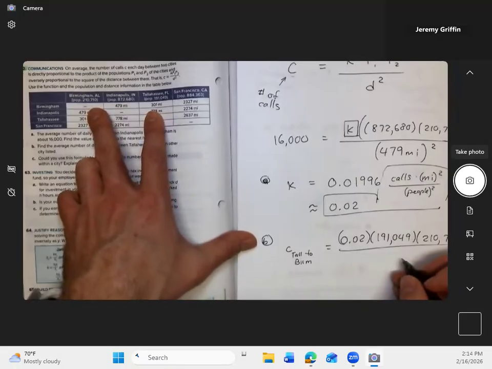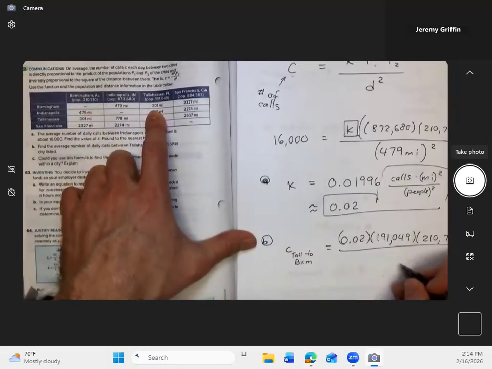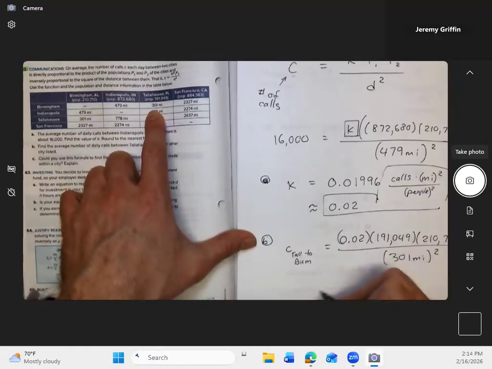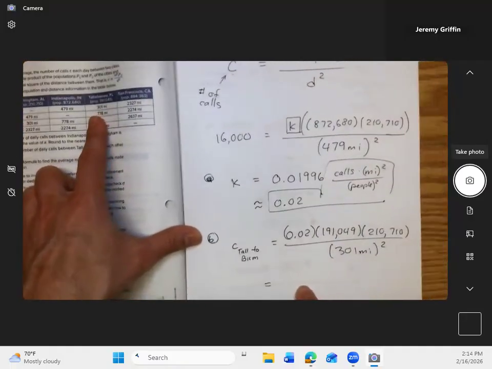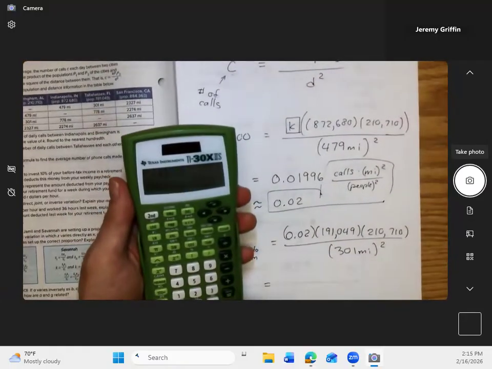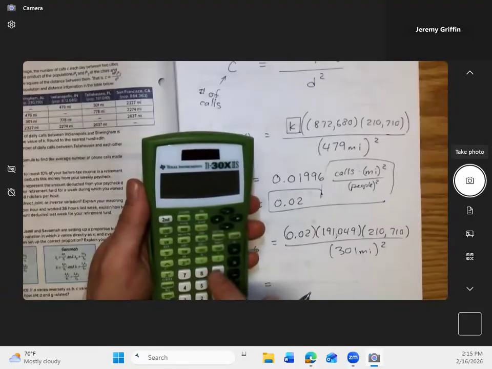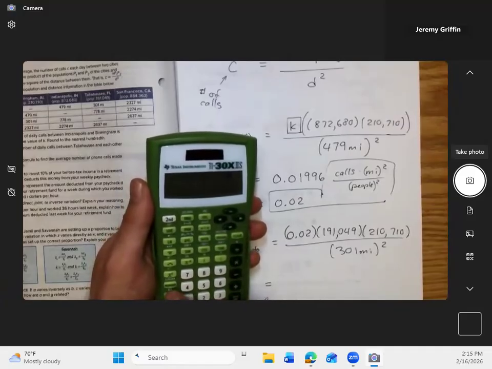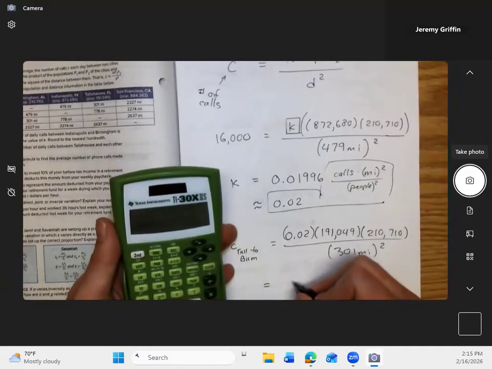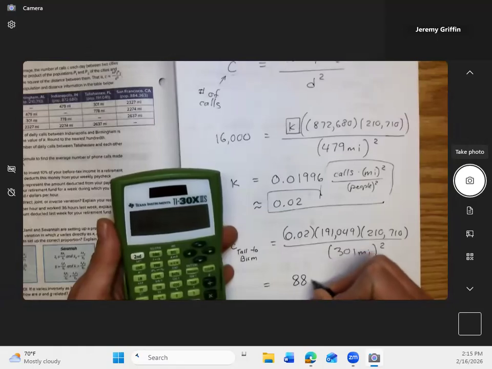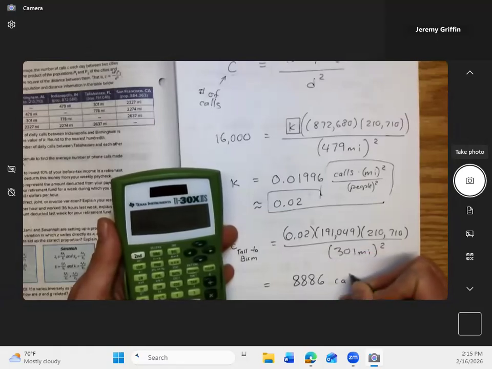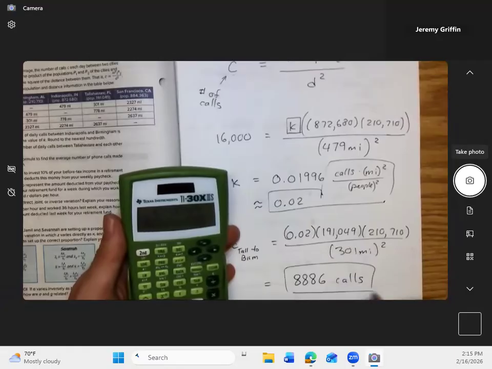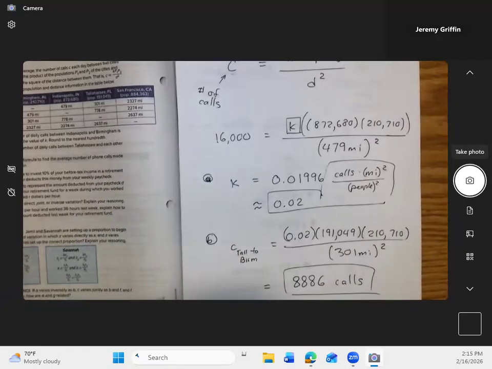And we'll divide by the distance between those two cities, which is 301 miles. And don't forget to, of course, square that distance. Right? So the number of calls between those two cities should be 0.02 times 191,049 times 210,710 over 301 squared. About 8,886 calls. All right, so maybe getting close to 9,000 calls right there.